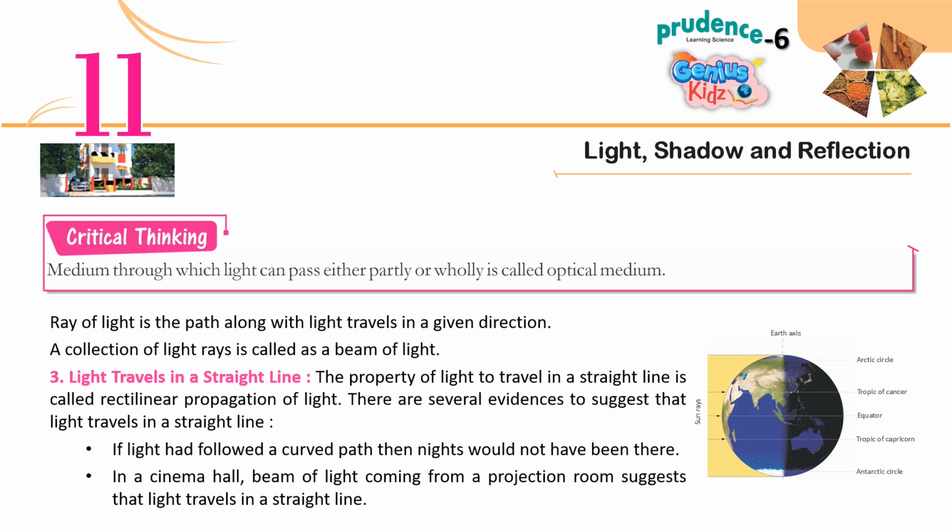The property of light to travel in a straight line is called rectilinear propagation of light. There are several evidences to suggest that light travels in a straight line. If light had followed a curved path, then lights would not have been there. In a cinema hall, the beam of light coming from a projection room suggests that light travels in a straight line.